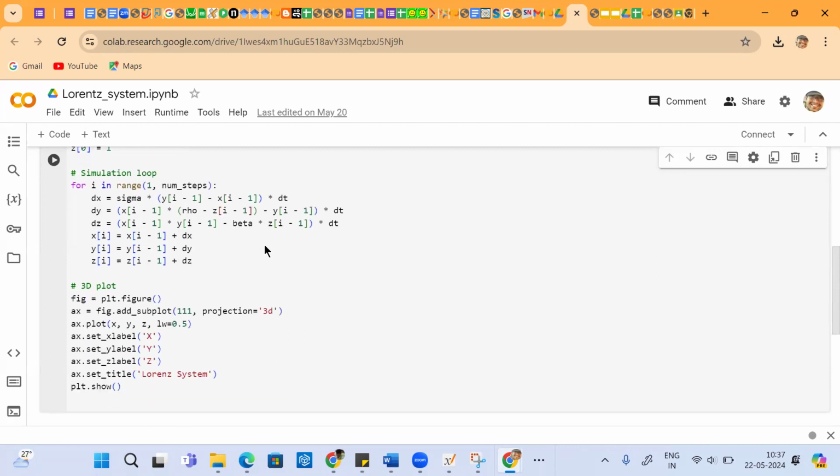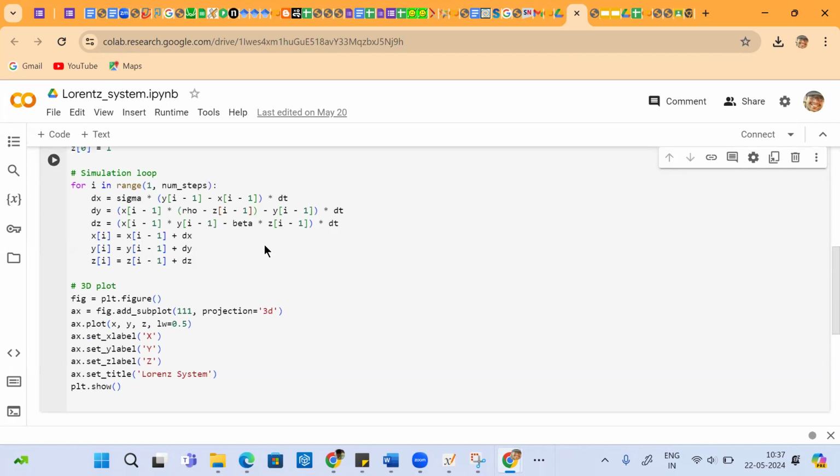For the plot, we have assigned the figure variable as plt.figure. For the axis, we have added a subplot, where the value 111 means a 1 by 1 grid with the first subplot, and the projection is a 3D projection.